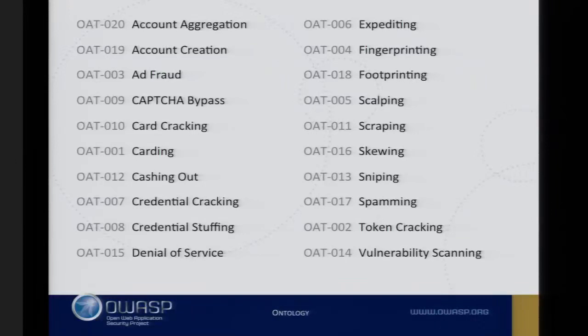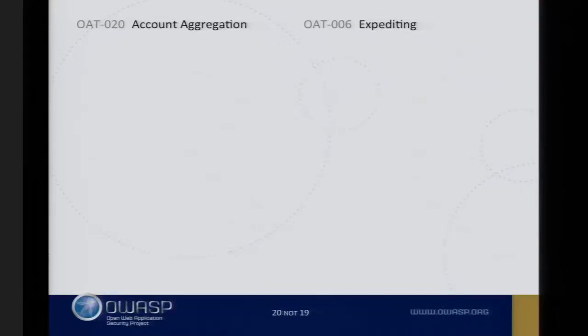So just looking at the one that happens to be at the top of each of these two columns here, account aggregation was in those 40 clusters I had originally, but I knocked it out thinking it was really just a type of scraping.